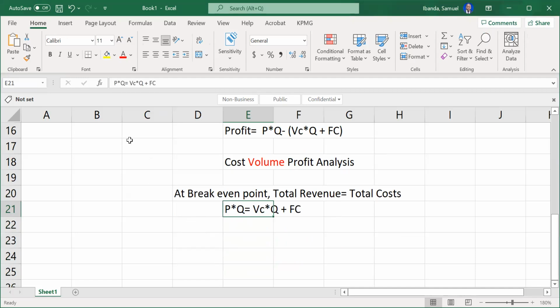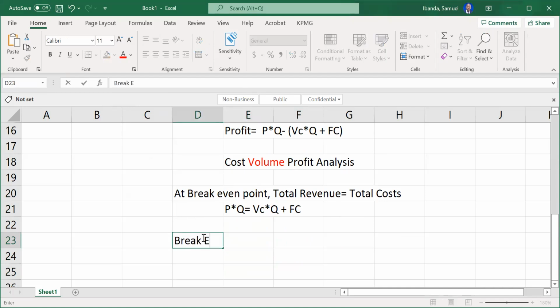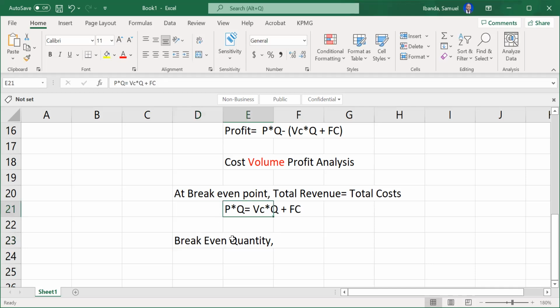So we are saying that at the break-even point, total revenue is equal to total cost. So what this means is that if we want to determine the break-even quantity, or what you might call quantity at break-even point, or volume at break-even point, we are going to take this equation and make quantity the subject.